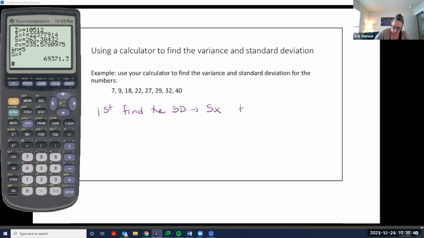Then do Sx squared. Okay. And send me your answers to 3 decimal places, please.